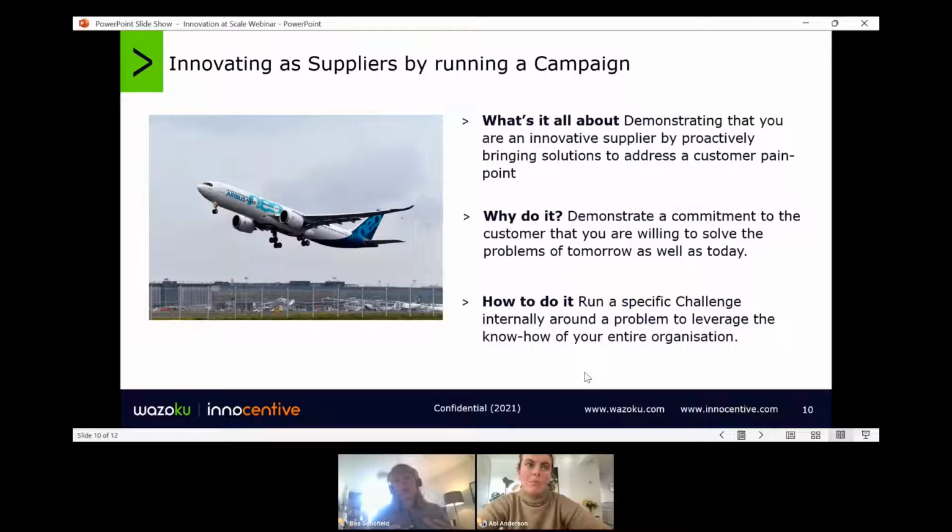So it was being able to proactively find those solutions, not just from the people who were in fact working on that account, but across the entire organization, because, as we saw, not one business area was affected, and they were really able to leverage all the different skills, knowledge and experience of people across the entire organization to work on the Gatwick Airport problem, and able to spin up a challenge and take that back to the customer very quickly. So, in an ideal world, you're doing a combination of the two.